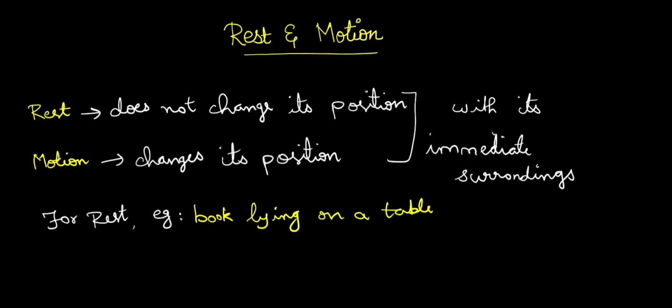If a person observes a book lying on a table, which does not change its place or position, it's an example of an object at rest.